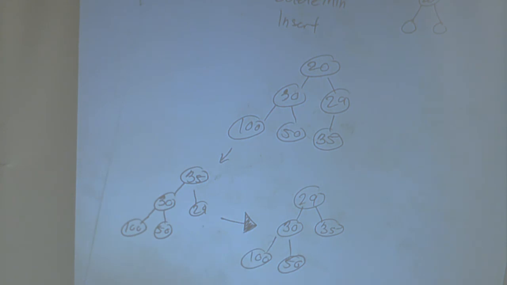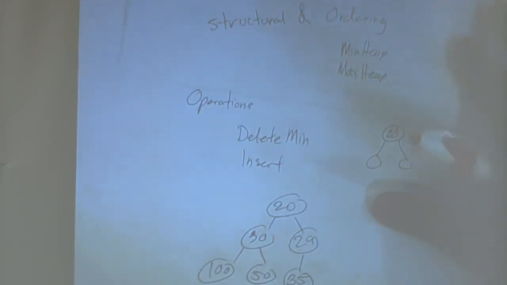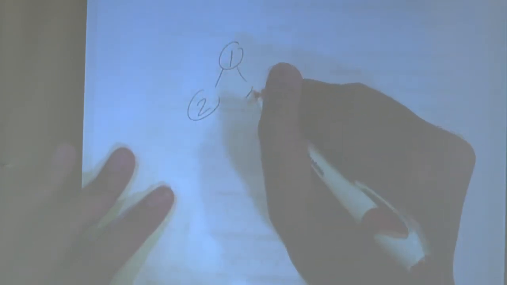Okay, so let's talk about how to represent a heap in an array and what the equations for that are. If we have a heap, I'm going to make a random heap: 1, 2, 3, 4, 5.